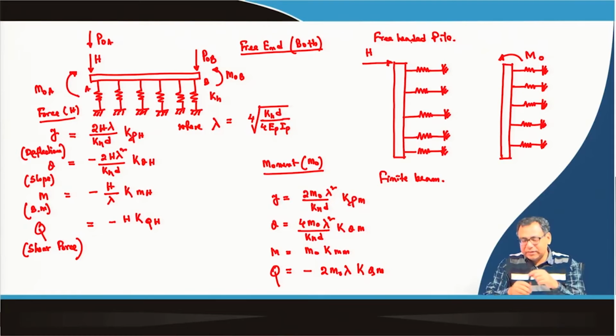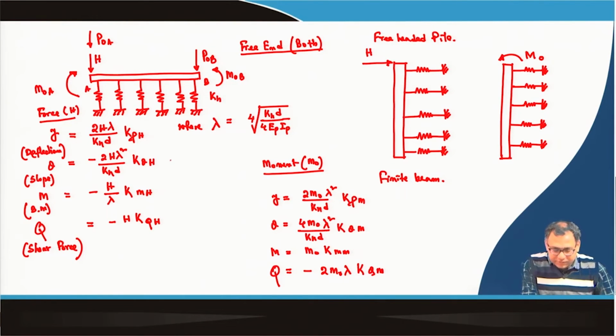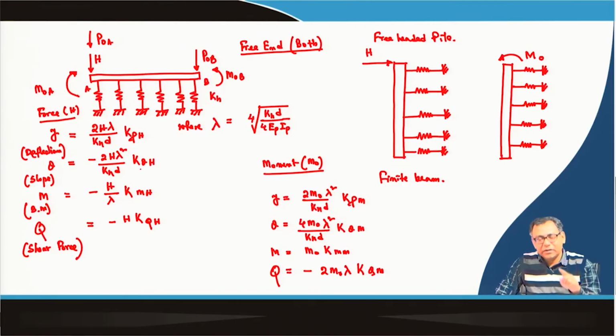So, we want to use the free headed pile equations for the fixed headed pile, and we will use them in such a way that first we assume that the pile is free headed. If I apply an H on the free headed pile, we will get a slope of this value. Now, actually the slope at the fixed head will be 0 for a fixed headed pile.